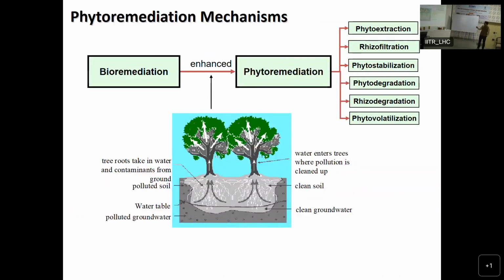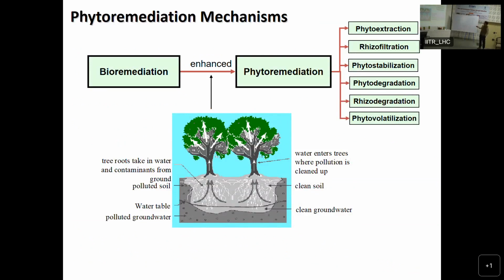So to check these different engineered bioremediation techniques, we have done some practical experiments. Before I mention those experiments, I am showing this bioremediation technique that is based on the plants. In general, we say bioremediation is a technology where we use the microorganisms. If we go more specifically, when you use some plant species, then we call it phytoremediation.